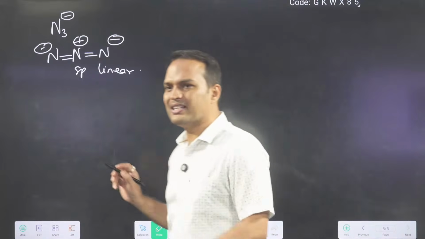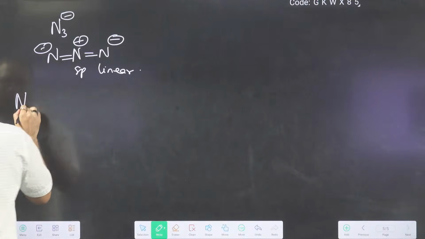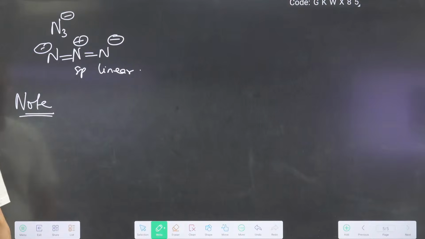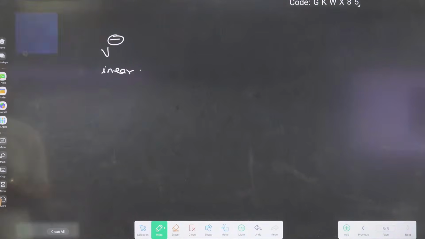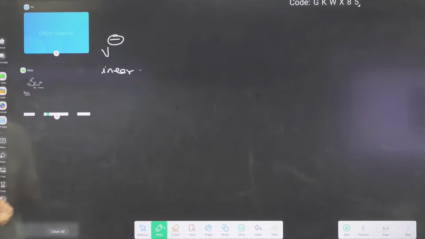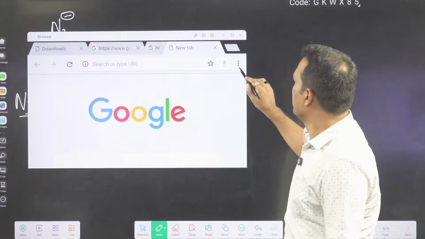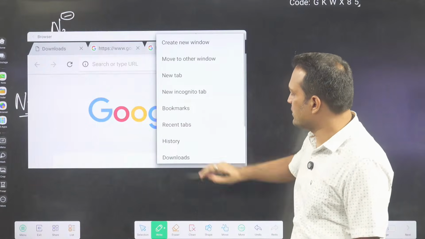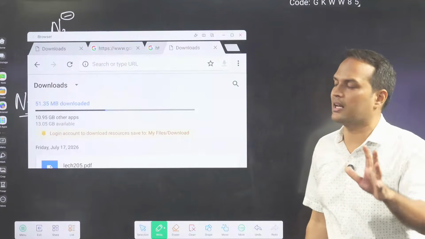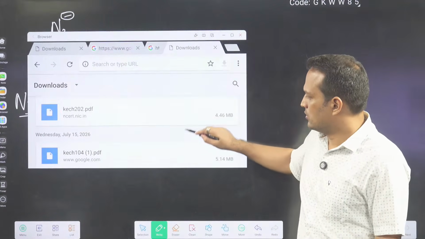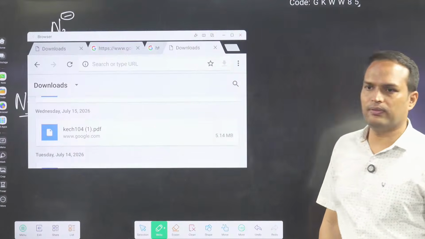Okay, so let's write the points of formal charge. But before writing all these points, we will see these points in NCERT. We will see these points in NCERT, then we will write. Without seeing NCERT, we will not do anything.